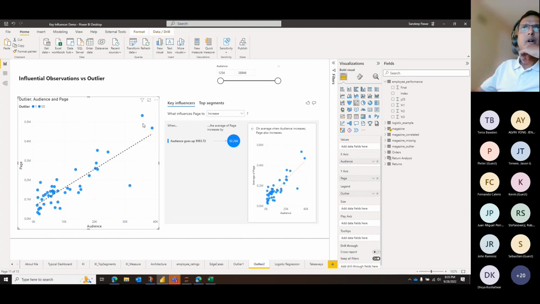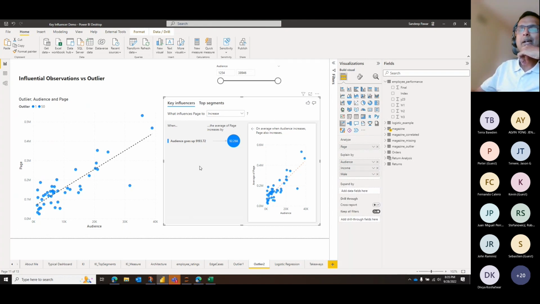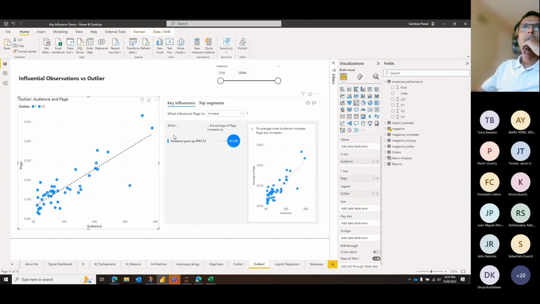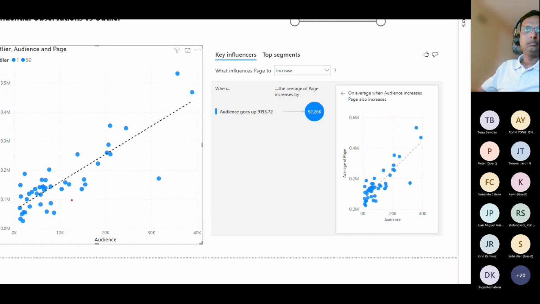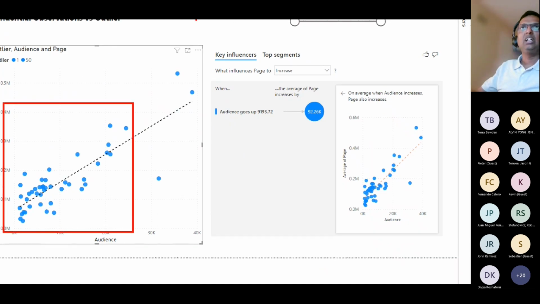We have certain observations here. I'm trying to predict who would buy, the number of, I think, page hits on a website based on audience and income and if they're male, female, and things like that. In this case, if you look at it, we have these points over here, and then we have 3 data points that are on this side.